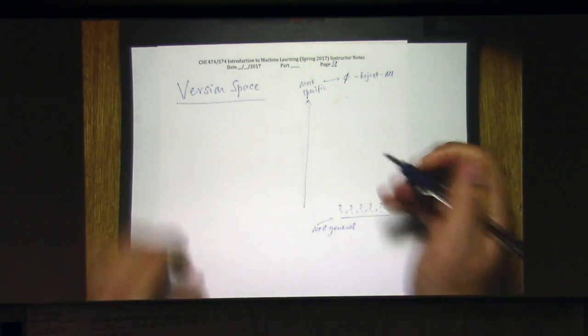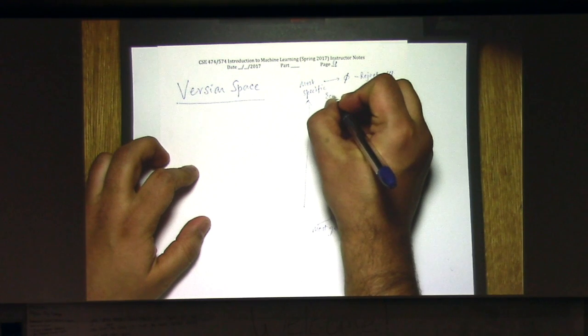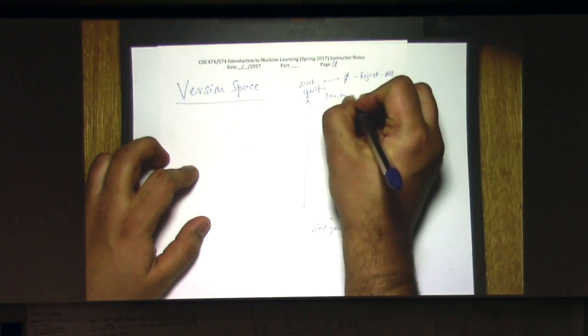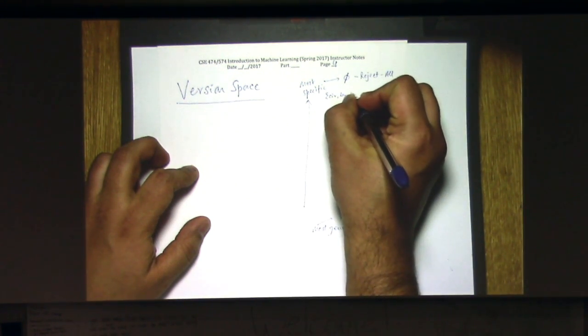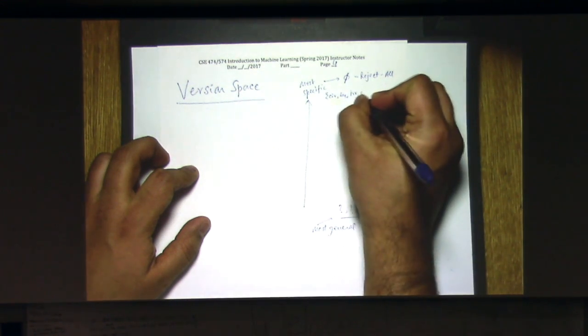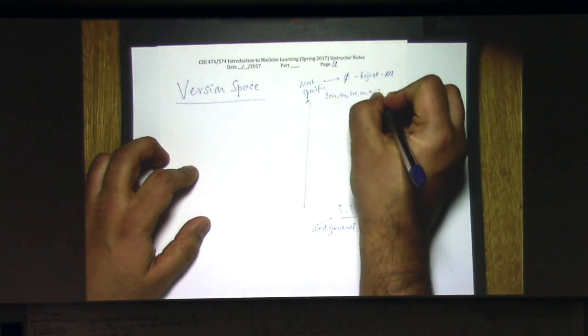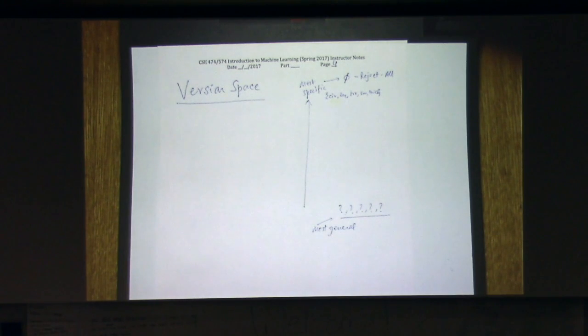For example, a hypothesis like circular, large, irregular, smooth and thick maybe. This hypothesis covers only one object, which is this object, right?